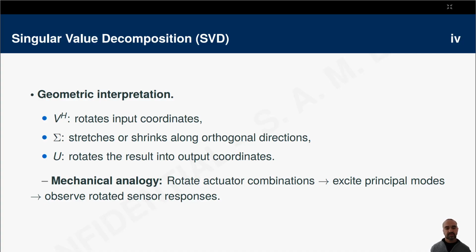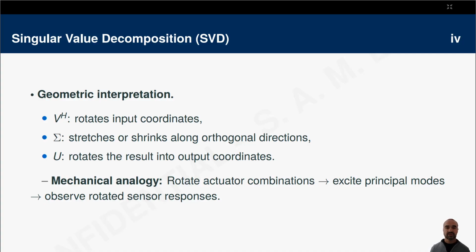This makes sense because we rotate the input space, then stretch along principal axes, and then rotate into sensor coordinates, because sensor coordinates measure what we feel. In a mechanical analogy, rotate actuator combinations, then excite principal modes, and observe rotated sensor outputs.